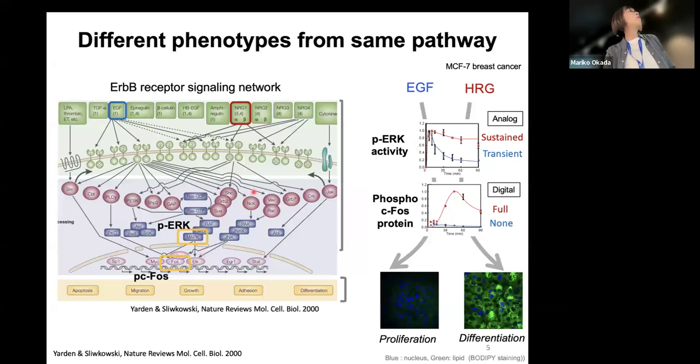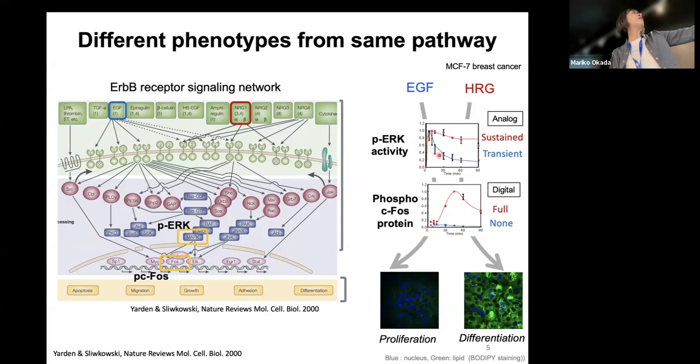So we often use the ligands EGF and heterogeneity, which bind to different types of receptor. And what we focus on is the difference in the dynamics. When we look at ARC kinase, EGF shows a transient response and heterogeneity shows a sustained one, and then they show a completely different activation profile at the C-FOS activation.